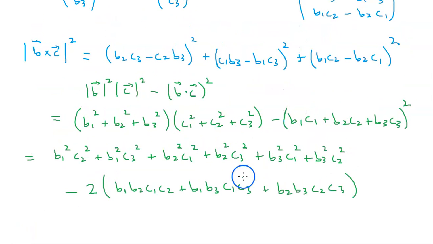Okay, and now the question is, does this last green line look like this blue line? And thankfully the answer is yes. We just have to group them in the right way, because we got minus 2 sets of 4 terms in the middle, and everything else that we would like squared is squared. For example, we can immediately eliminate this B2 C3 and C2 B3, wherever that is, that'll be over here.